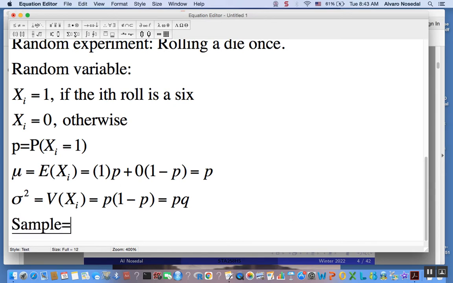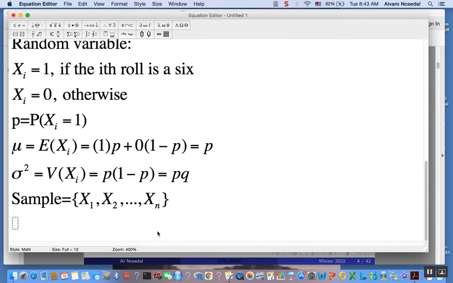Our sample would be a set of n of these. We roll that die once, we roll that die twice, and so on. We roll that die n times. So now we have a sample of size n.